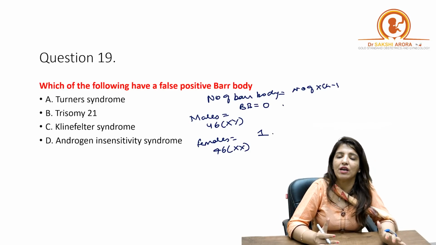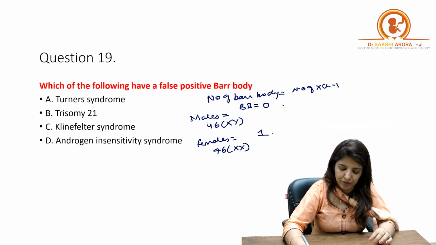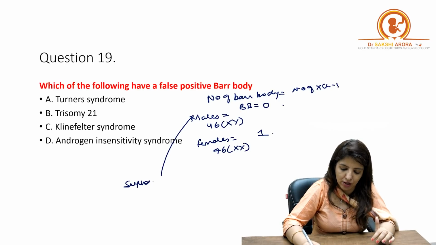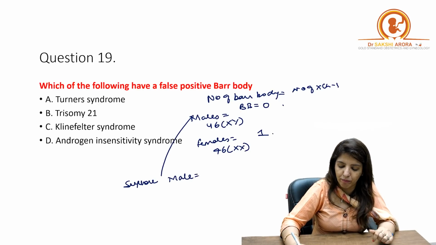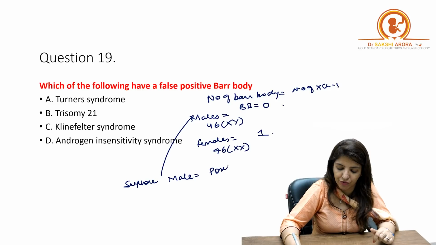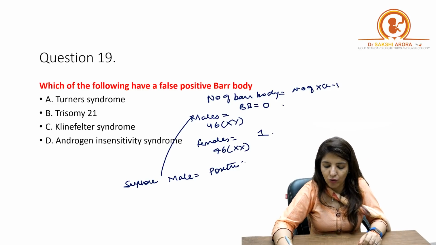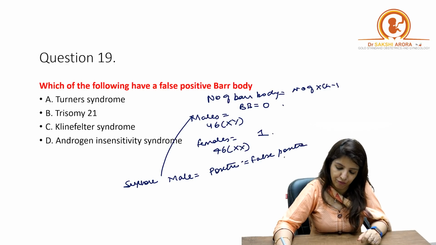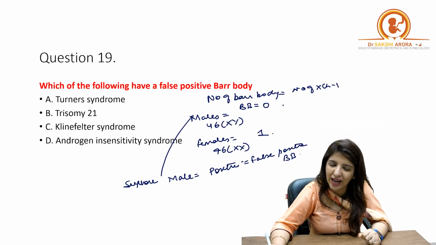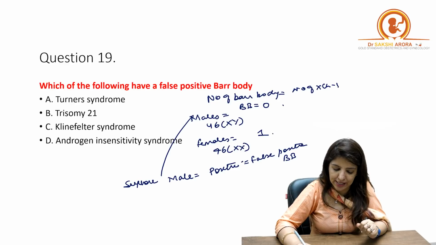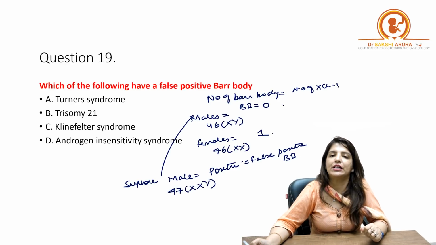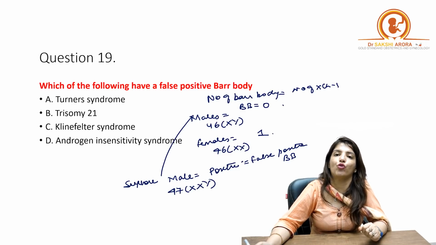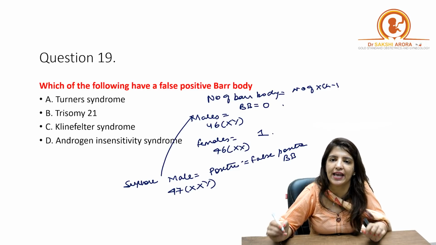But suppose there is a male in whom bar body is positive, right? Then we are going to call it a false positive bar body. And this is the case which is seen in Klinefelter syndrome. In Klinefelter syndrome, the chromosome number is 47XXY.